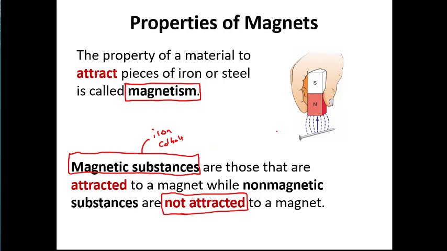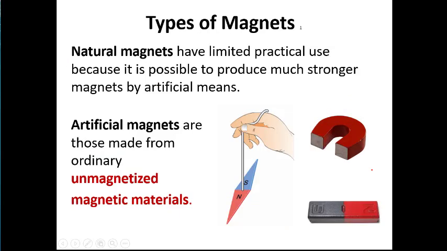They can be made into magnets and they are attracted to magnets. Things like wood and glass, paper, those sorts of things, no matter what we do, they do not respond to magnets or magnetism.